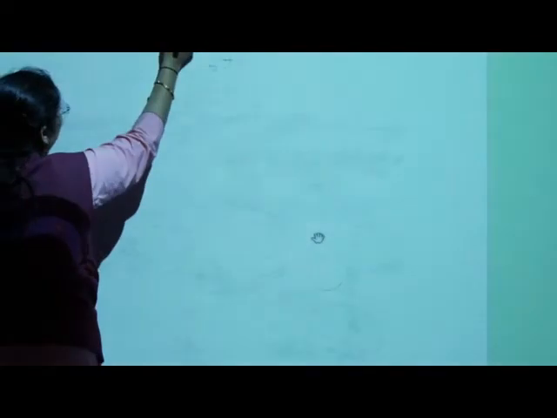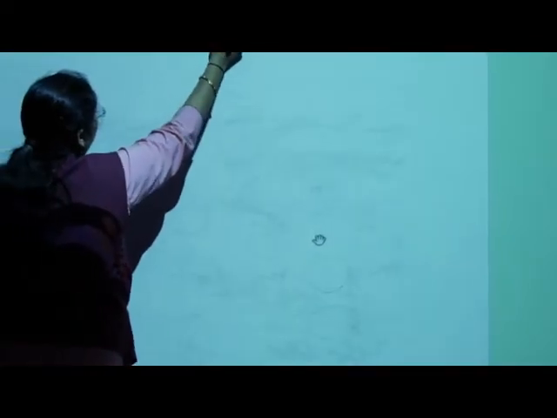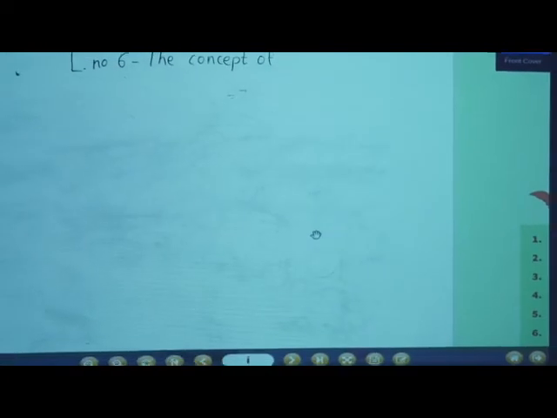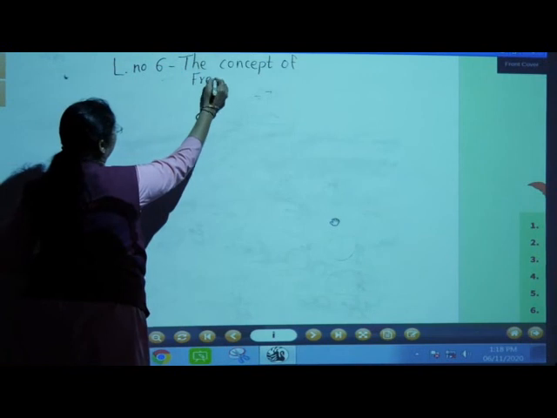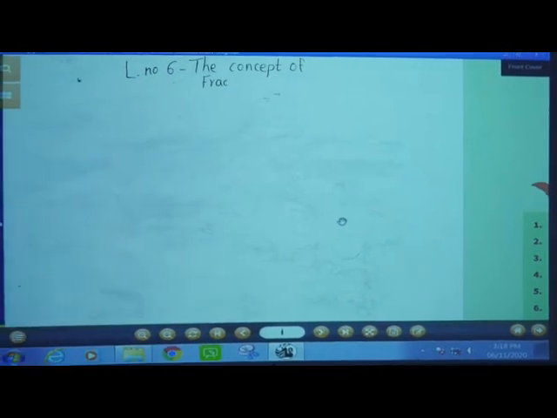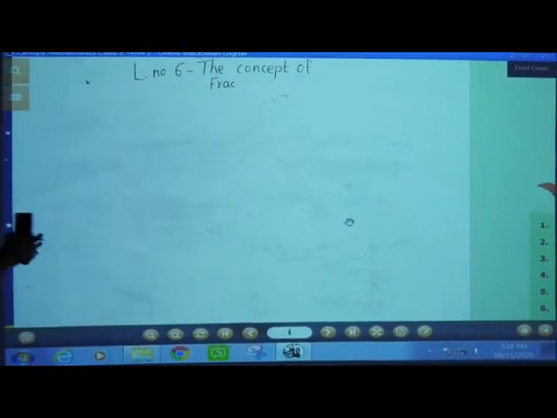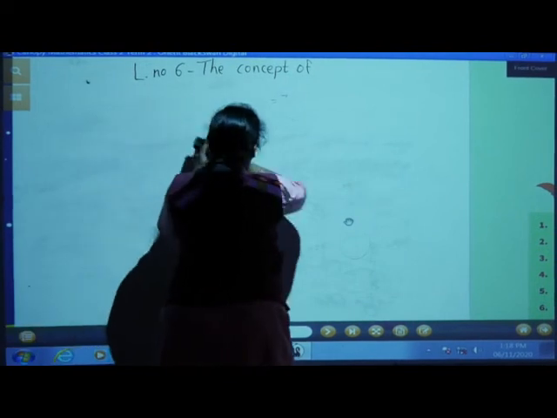Half means 1 out of 2 equal parts. See here, lesson number 6, the concept of fractions.